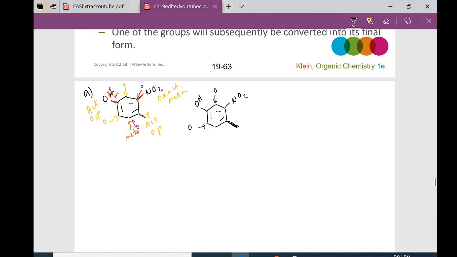Now here with this nitro group, this is large, and it's going to somewhat block this ortho position from being substituted. So our more likely position to get a substitution is going to be this other ortho position. So this is going to be the carbon that's going to undergo substitution on this particular molecule. So let's go ahead and consider what our product would look like.